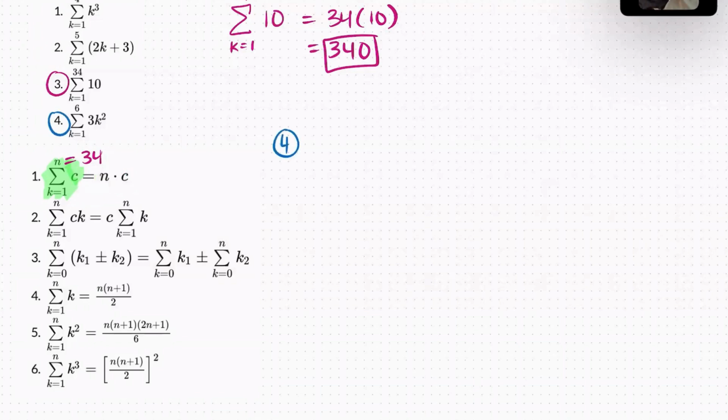Okay, number 4. Let me erase this. Number 4 looks like k is 1 until 6. Notice I go from bottom to top. We'll see that notation again when we get to limits in the last chapter. 3k squared. So I am going to use this one first to move that 3 out front.